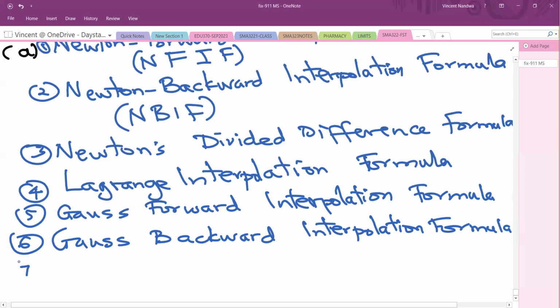Number 7, there's what we call Bessel's formula.